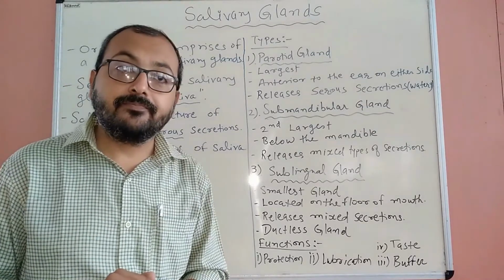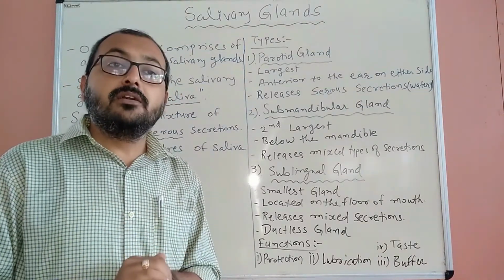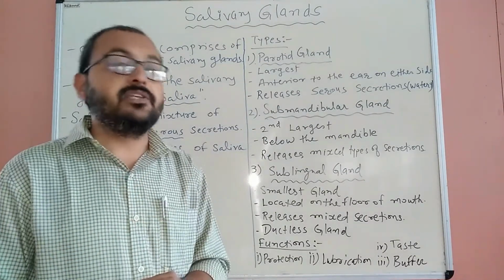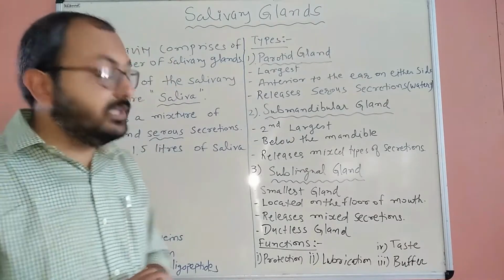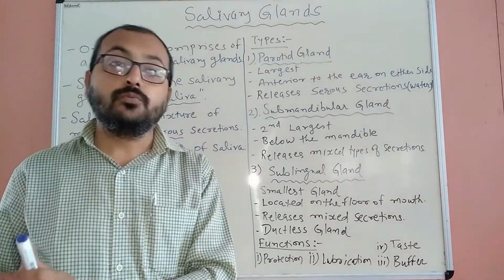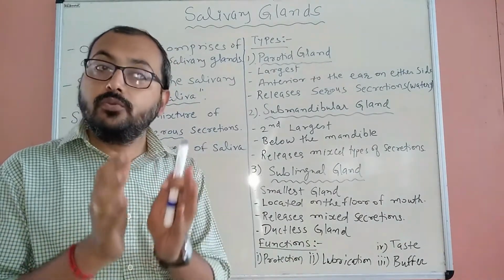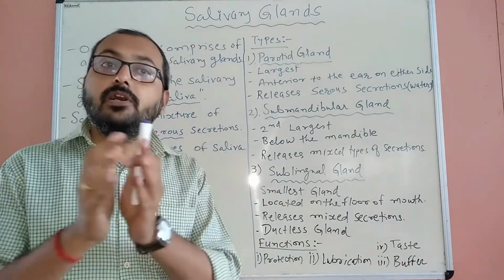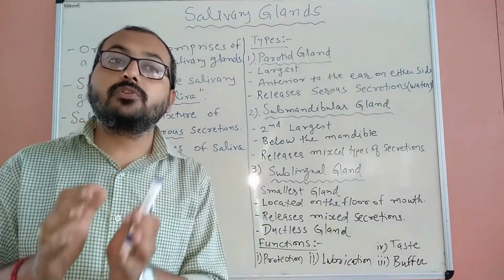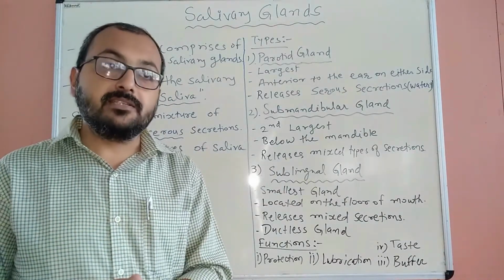Again there will be a question: which type of secretion can be seen? Those secretions can be divided into two according to their characteristics. It could be a watery fluid, or it could have slightly more thickness than the watery secretions.